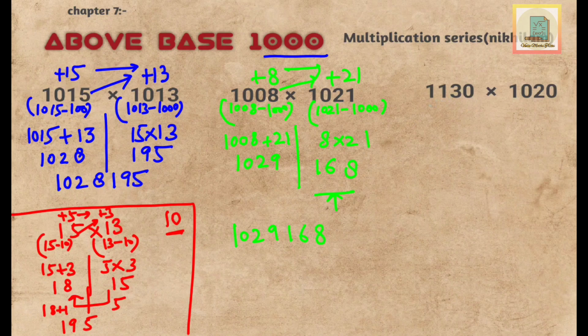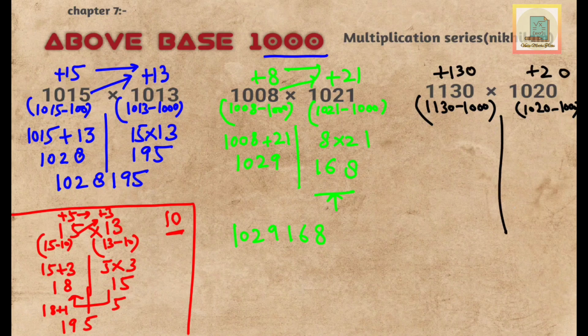So here the deviations will be 1130 minus 1000, and 1020 minus 1000. So the deviations will be plus 130 and plus 20. Now make a partition. In the first partition, first number plus the second deviation, which is 1130 plus 20, and in the second partition we get 130 multiplied by 20.